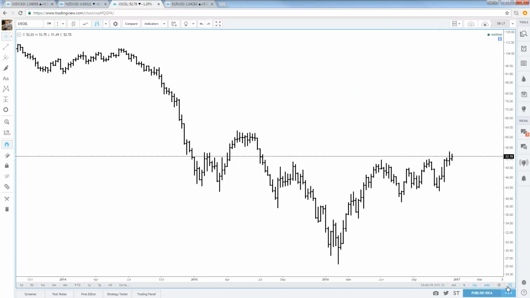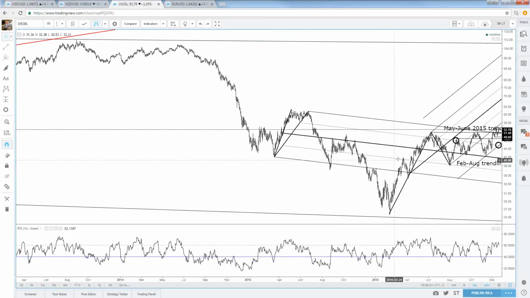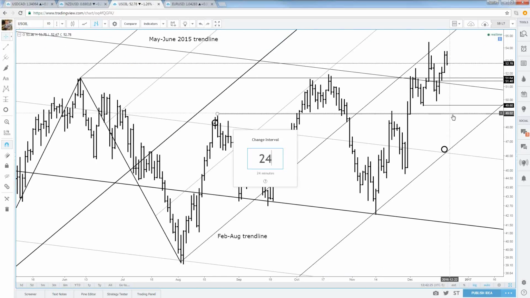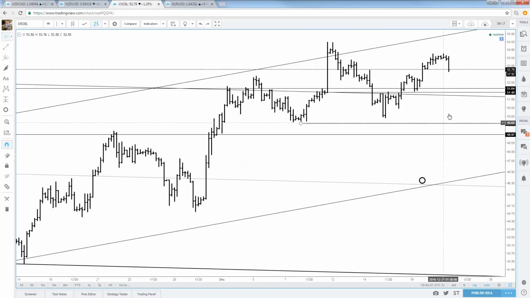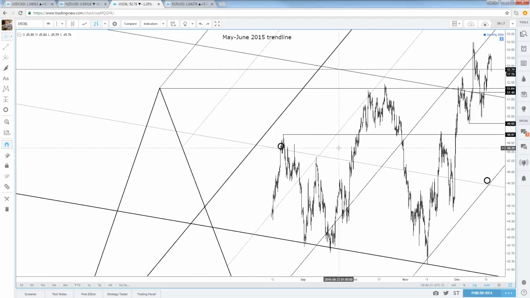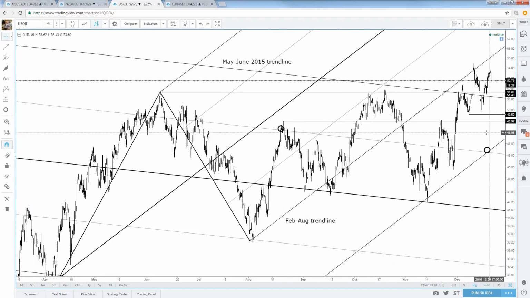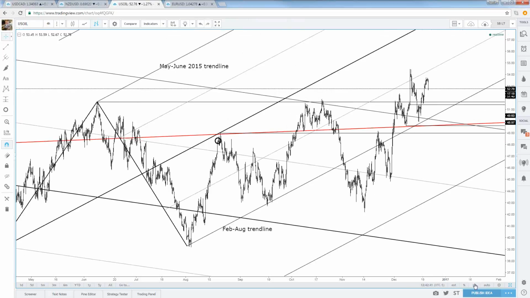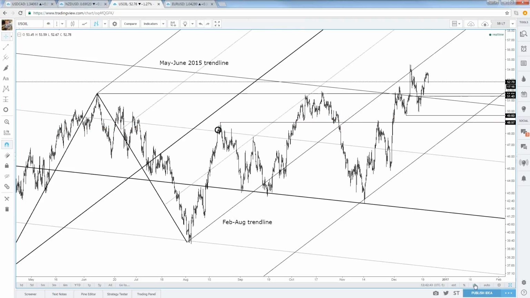Okay. Crude oil. I don't think that we get to 46 at this point.